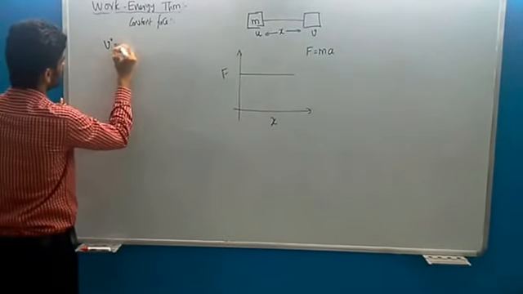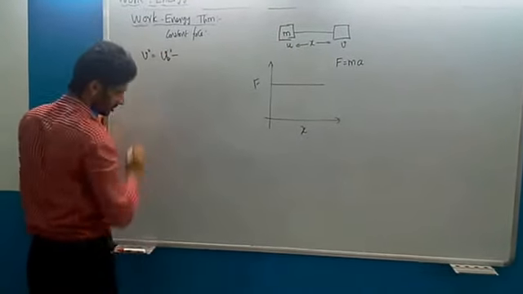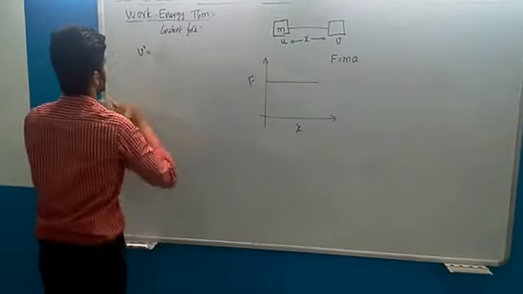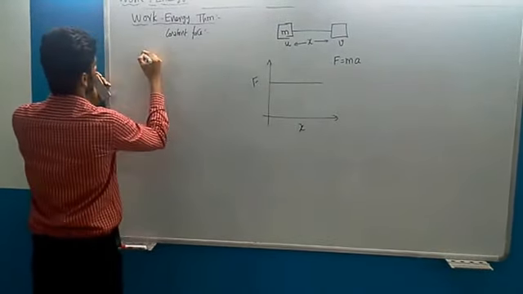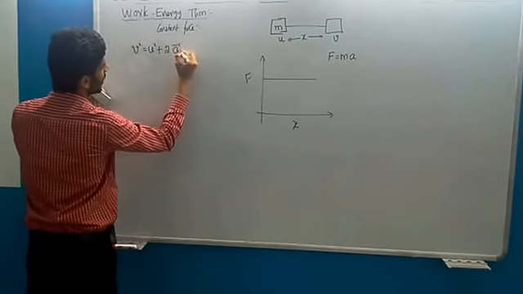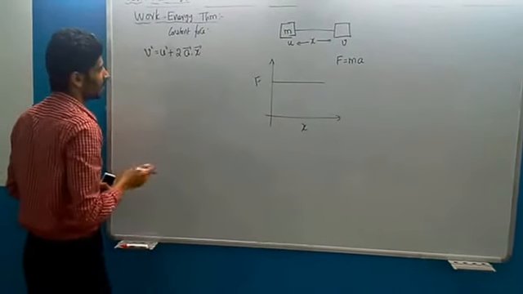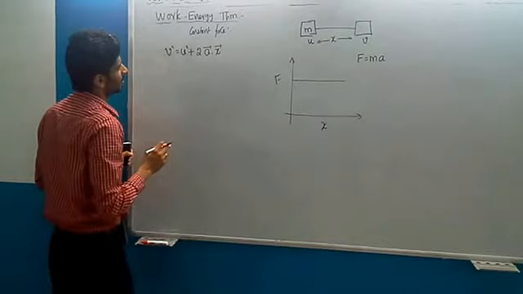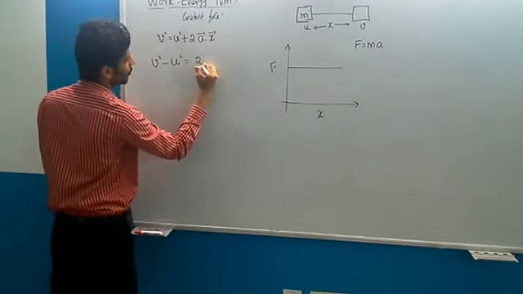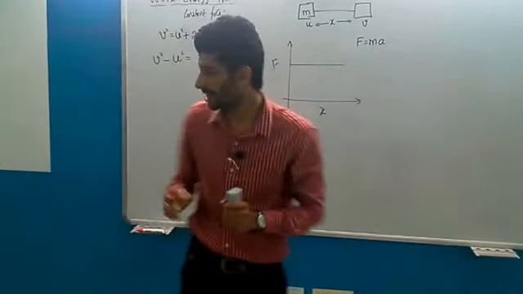So v square is equal to u square plus 2a dot x, the dot product of acceleration and displacement. I'm going to bring this u square to this side: v square minus u square is equal to 2a dot x. Now I will do some magic over here.